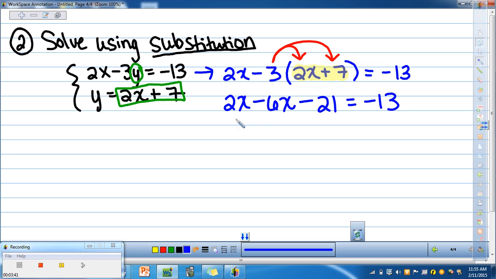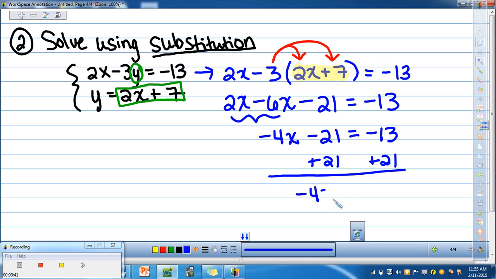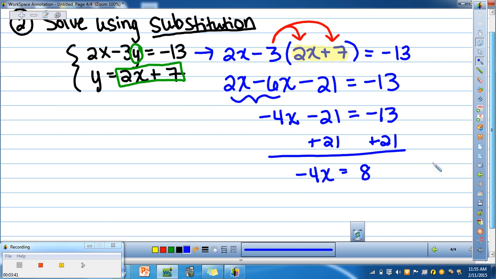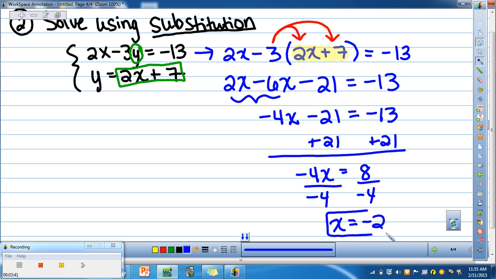And here we're going to combine like terms, add 21 to both sides, and divide both sides by -4. We find out x equals -2.